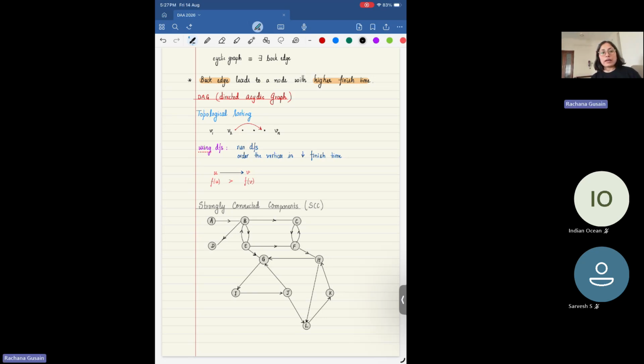So let's say I have this graph, okay? And now we can at least easily see that it's not a strongly connected graph. So can you identify one pair of vertices which are not connected in both directions?